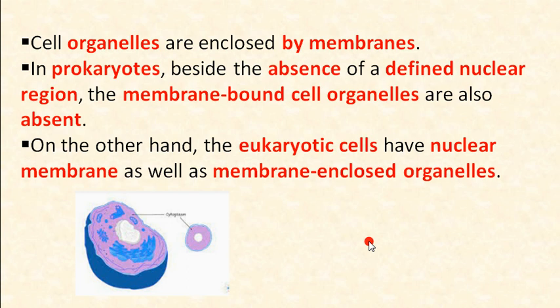On the other hand, the best example of eukaryotic cells is humans, higher animals and higher plants. Eukaryotic cells have a nuclear membrane as well as membrane-enclosed organelles, both absent in prokaryotic cells.